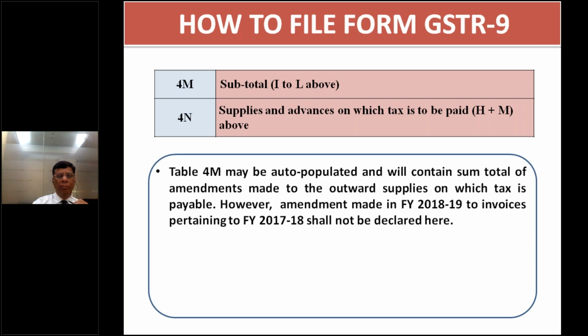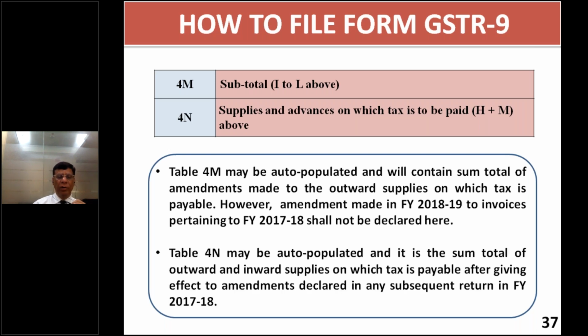Table 4M may be auto-populated and will contain the total of amendments made to the outward supplies on which tax is payable. However, amendments made in financial year 18-19 to invoices pertaining to financial year 17-18 shall not be declared here, because for that there is a separate part in this form, part 5.